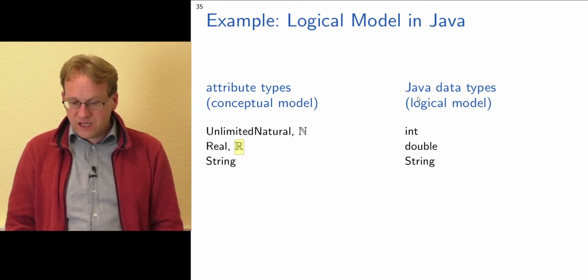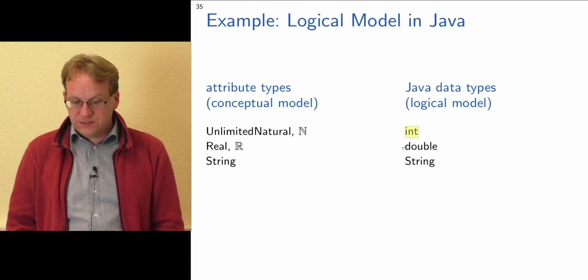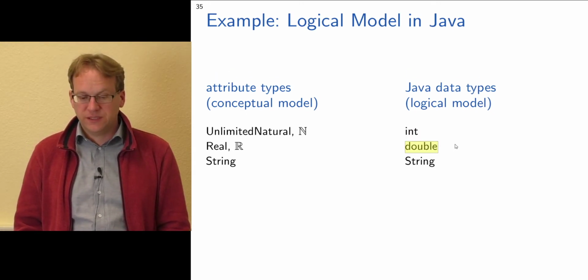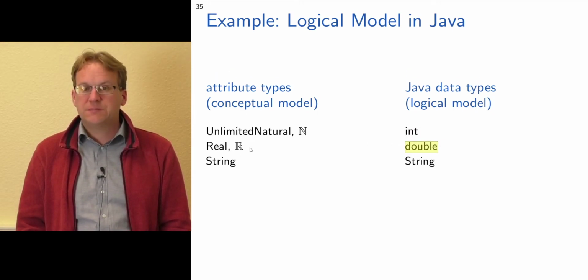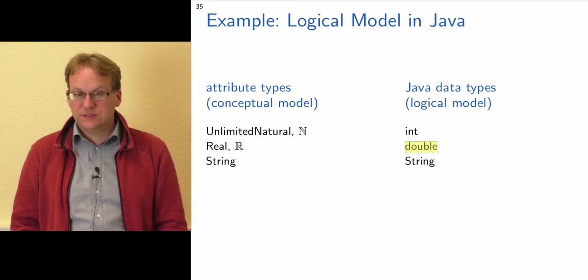If we go now towards an implementation, then we have a data type int, as I said already, with limited range, a data type double with limited range and limited precision, so we cannot represent arbitrarily precise real numbers in a computer.